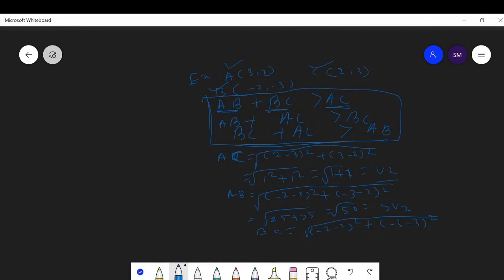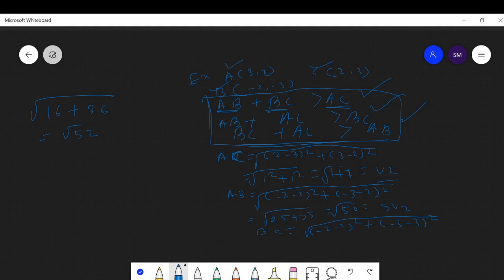Here minus 4 square is 16 plus minus 6 square is 36, square root of 52. Then here we have to prove the inequality property of a triangle. If it satisfies the inequality property, then only these 3 points are vertices of a triangle.